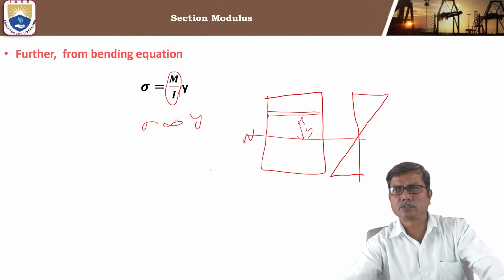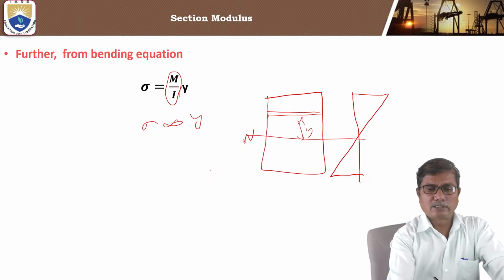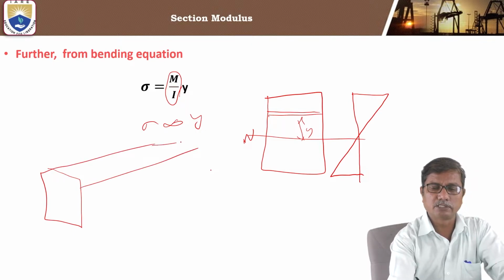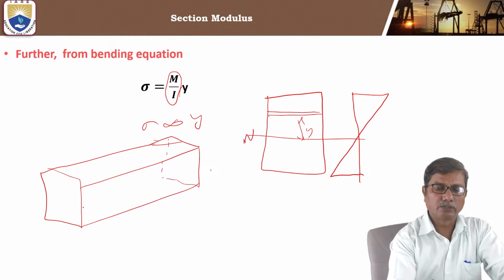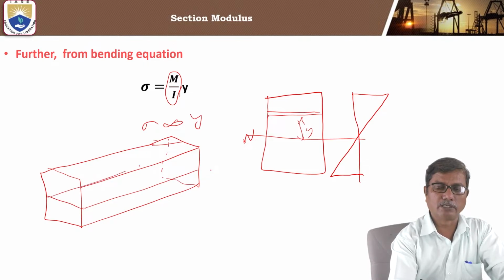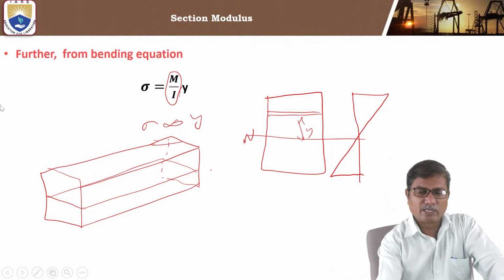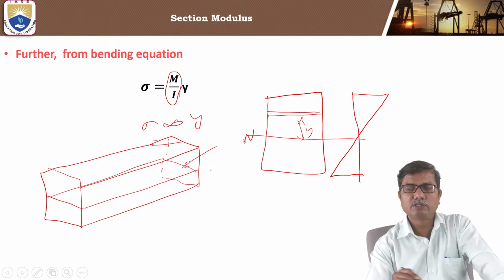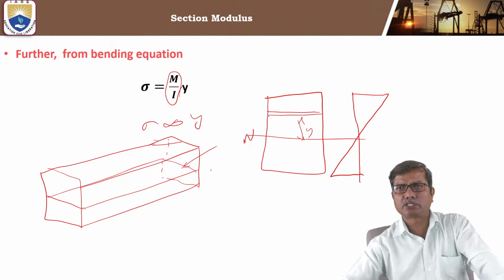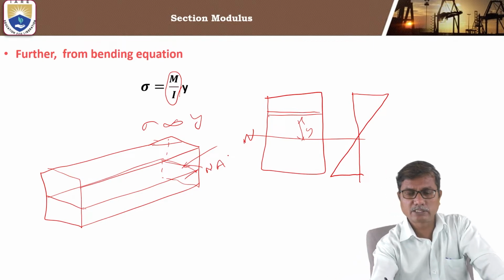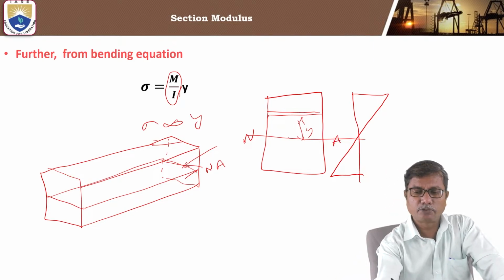That layer is the neutral layer, and the line of intersection of this neutral layer with the cross section is said to be the neutral axis, which passes through the centroid of the section, as shown here in this figure.